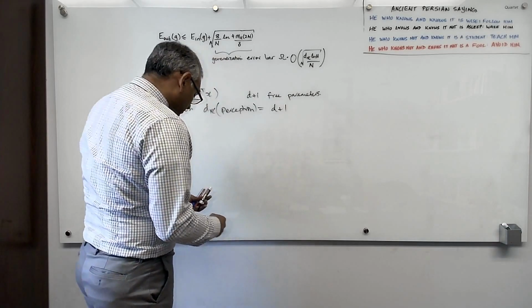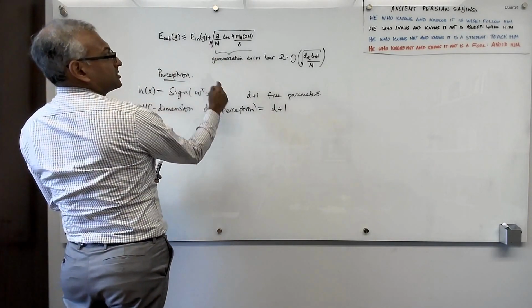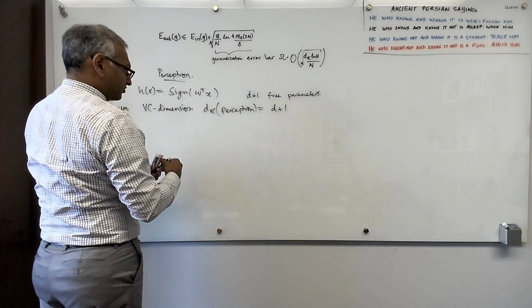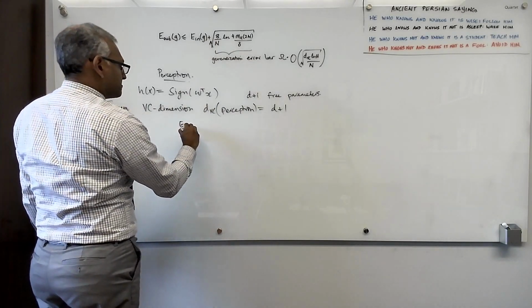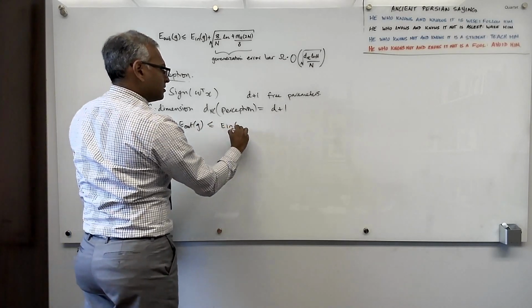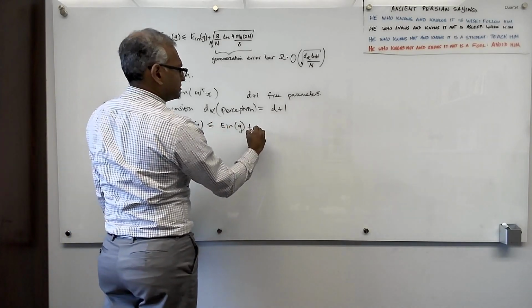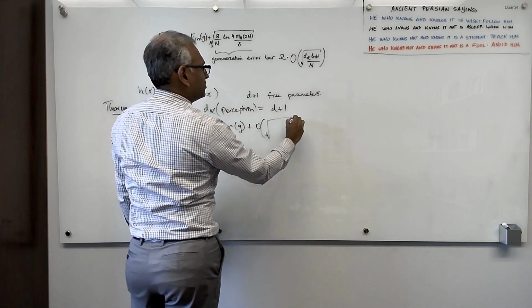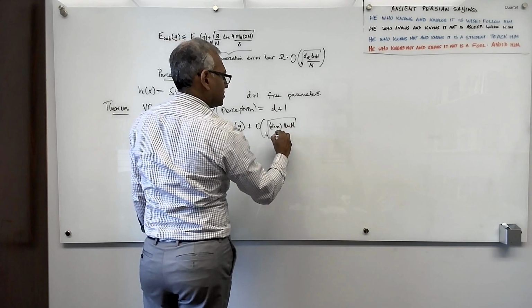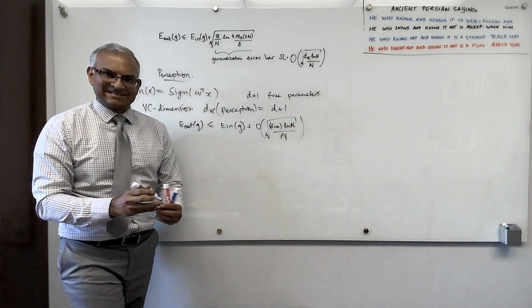So the error bar is basically related to the dimension. For the perceptron, E out of G is linked to E in of G plus order of the square root of the dimension times log n over n. That's nice.